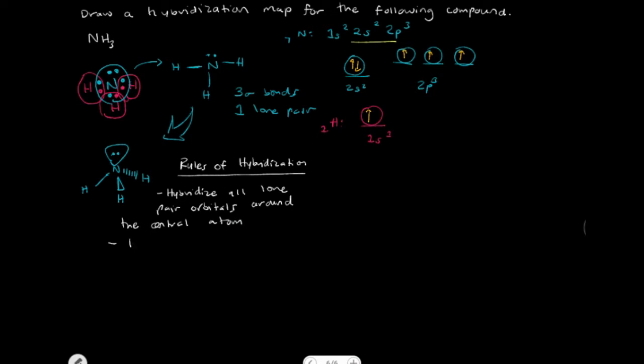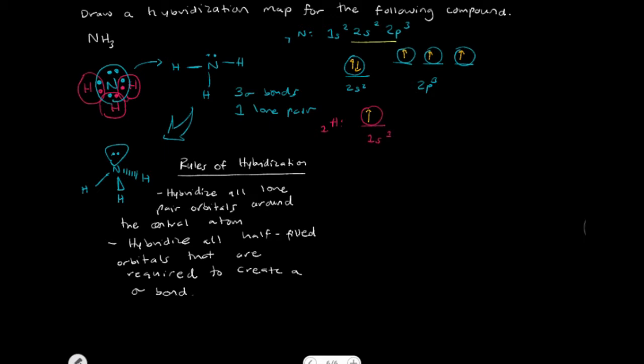And you also want to hybridize all half-filled orbitals that are required to create a sigma bond.